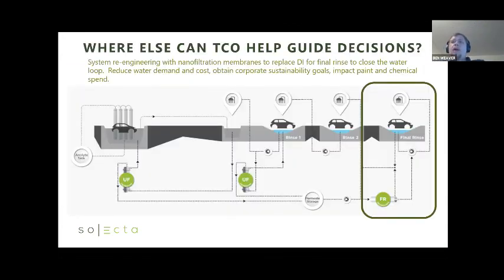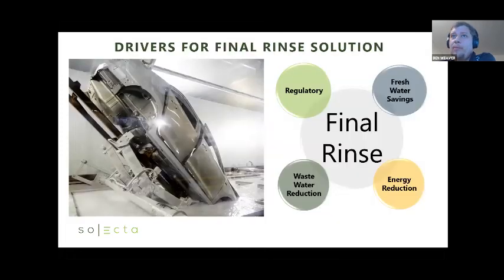So where else can this TCO methodology help guide decisions, and where else can we apply some of our solutions further in ecoat? We look at the final rinse, and right now the typical final rinse is using an RO or DI system, and it's really the only freshwater requirement in the ecoat process.